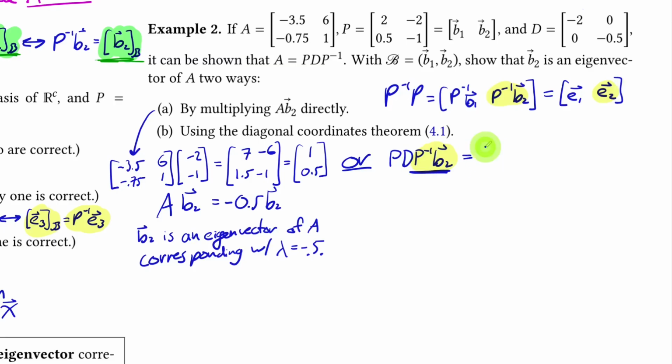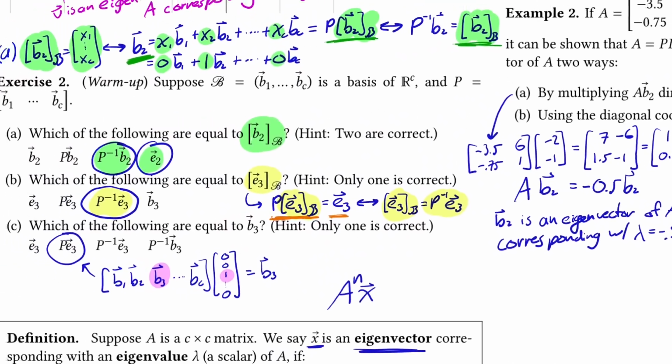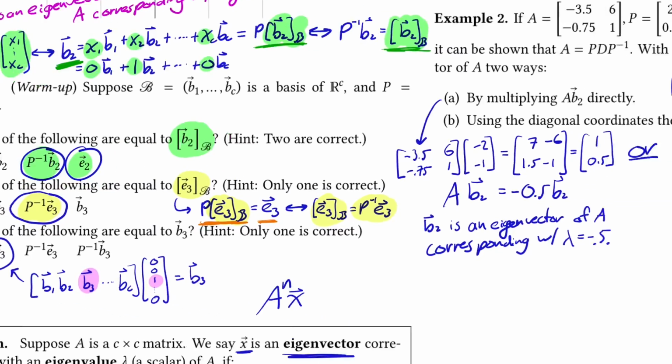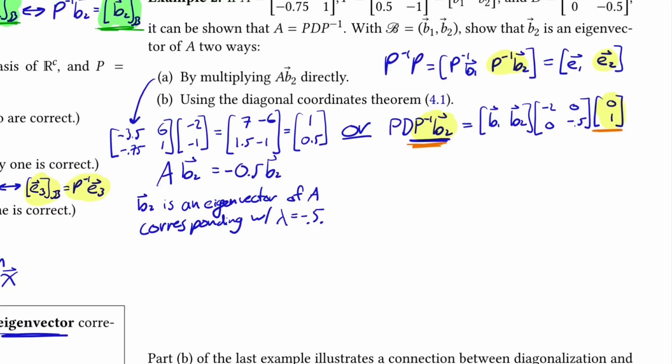And maybe we can write out what P and D are here as well. Another way to see that this P inverse times b2 is going to be equal to e2 is the same explanation we gave over here in exercise 2 warm-up. That works in general, but this is another way to see it.